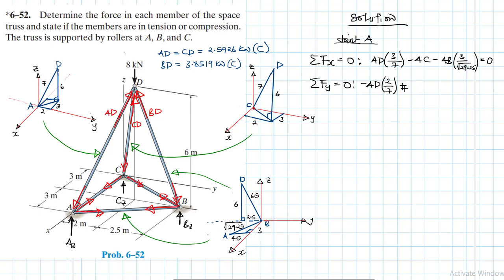component of AB, so we have AB by 4.5 root 29.25 equal to 0. Then from here we know what AD is. Remember, we found this is the AD. We know what AD is, this value here, so we can just bring it and feed it there, right?